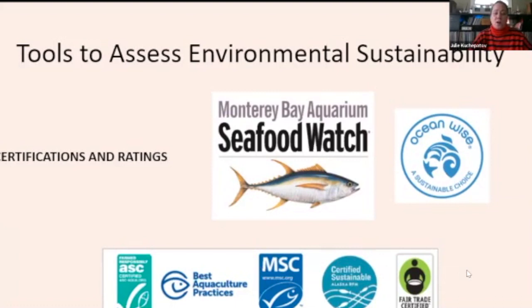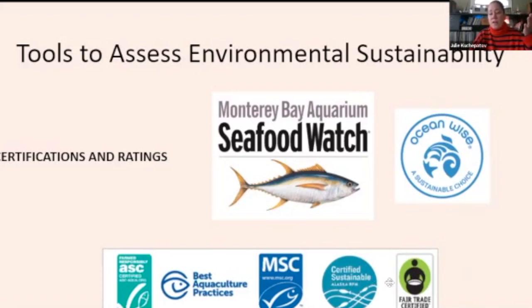So certifications, these are some examples of certifications and their logos. And so certification is where a fishery or a fish farm, in this case, will be assessed according to a standard. And these are the standard holders. And so if you pass this assessment, then you have the ability to put this logo on your package and make the claim, whatever the claim is.